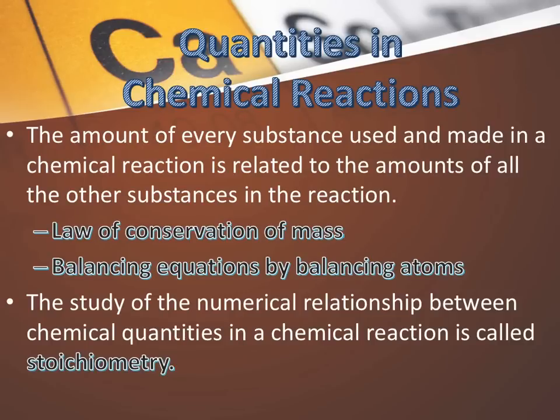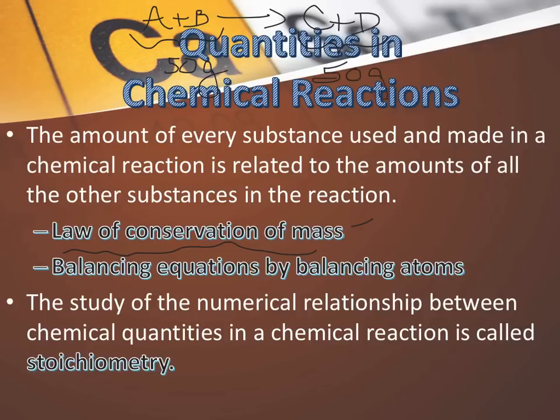A chapter or two ago we talked about the law of conservation of mass. The textbook definition is that mass is neither created nor destroyed. That has important implications in a chemical reaction. If you have reactants that together have a mass, let's just make up a mass of 50 grams, and they react to give you two completely new substances, the total mass of the new substances must also be 50 grams.